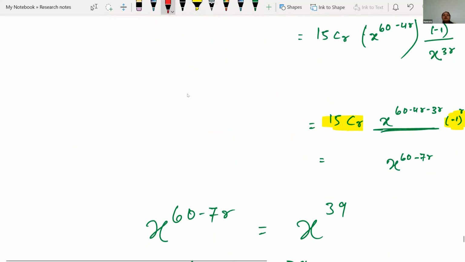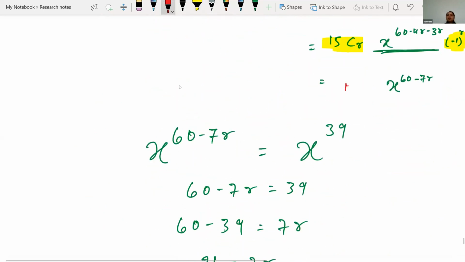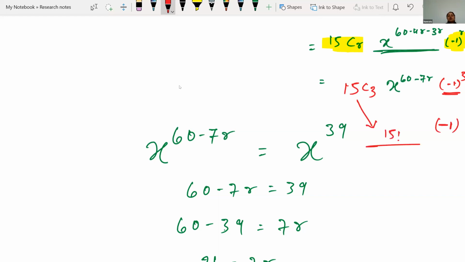So the r value we got is 3. So the coefficient will be 15C3 and here minus 1 to the power 3, which will come as negative 1 only. And this 15C3, we know how to do the calculation. 15 factorial by 15 minus 3 factorial into 3 factorial. This will give us the coefficient. Getting it?